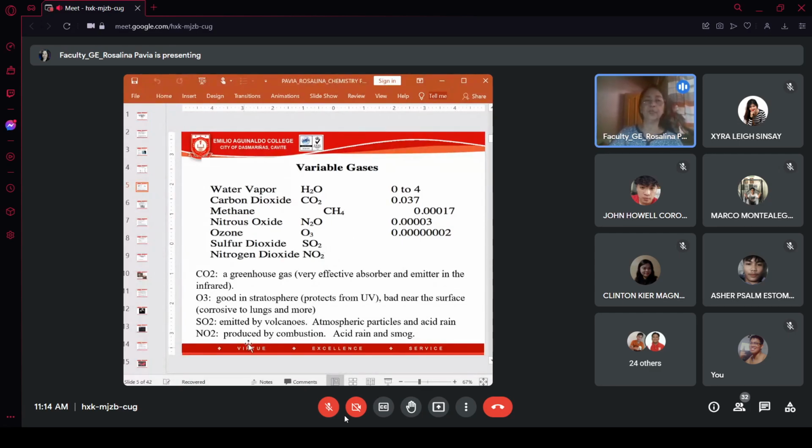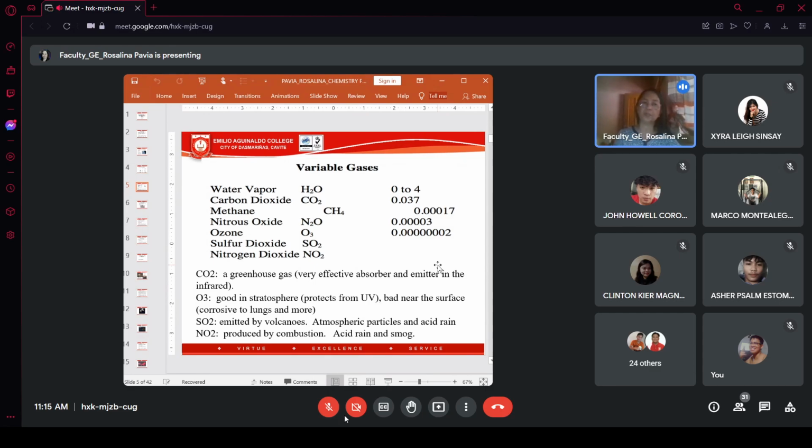So when you say carbon dioxide, actually, from our carbon footprints, carbon dioxide is a greenhouse gas. It is a very effective absorber and emitter of the infrared rays coming from the sun. So ito yung nagpo-protect sa atin. But pag napakadami na rin carbon dioxide in the atmosphere, hindi na makapag-bounce back ang heat na emit ng sun.